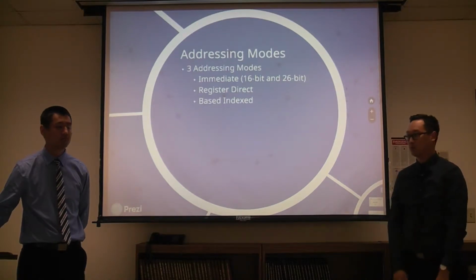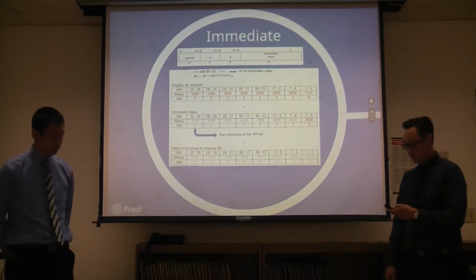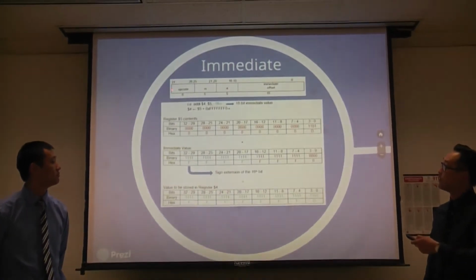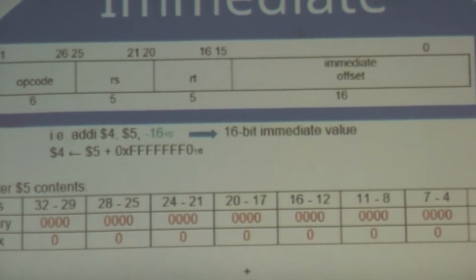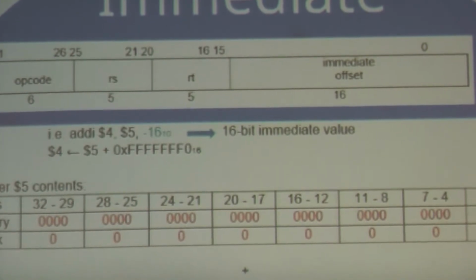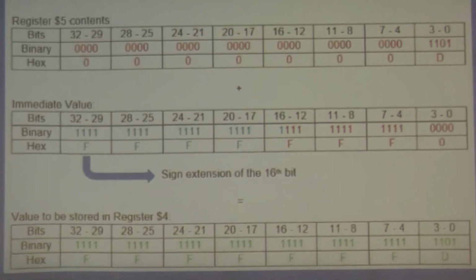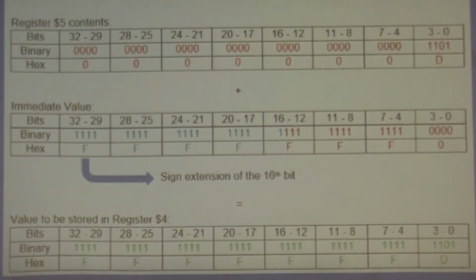Got it, thanks. So we're just going to go over an immediate example. Up here, this is our I-type format. We have our 6-bit opcode, then a 5-bit RS, a 5-bit RT, followed by an immediate offset, which is 16 bits. The example is an add immediate.